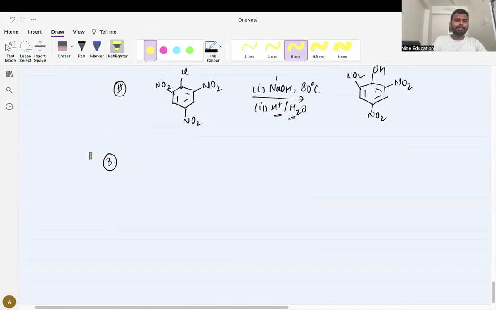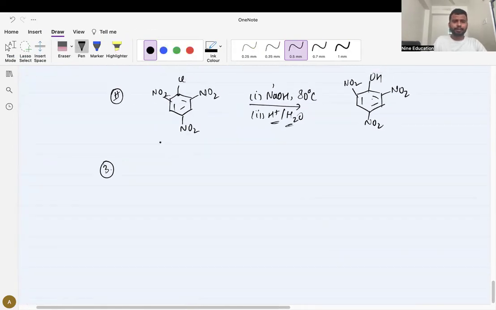The third and last type of chemical reaction today, let's say I have this chlorobenzene and I put in this chlorobenzene sodium in liquid ammonia.